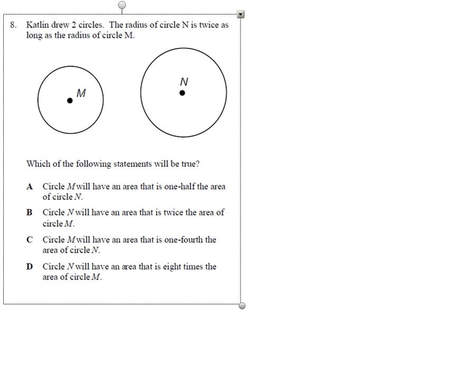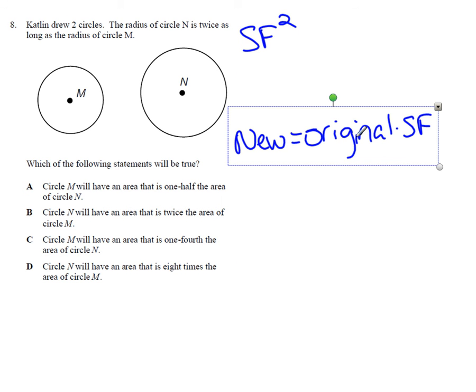All right. The radius of circle N is twice as much. So to go from here to there, what would be our scale factor? Doubled. So our scale factor would be 2. We're talking about area, so the new is still equal to the original times scale factor squared.